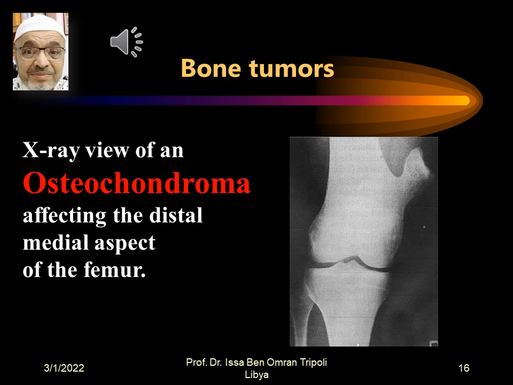If we see the knee joint, we find the fibula on the other side of the knee joint, and the osteochondroma is on the medial aspect.